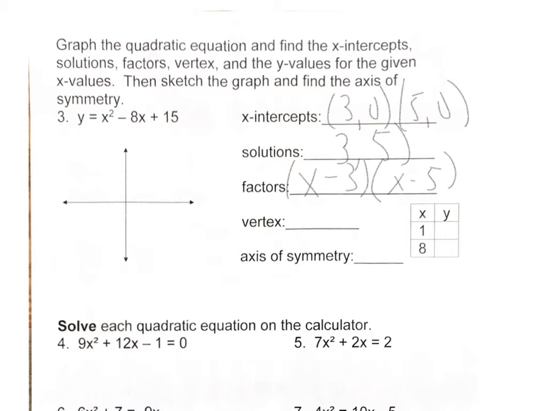And we know our vertex. And to find our vertex, what would we do? We would go to second calc, and we would find our minimum. So we would come down here, left bound. Oh, we'd have to go up here.